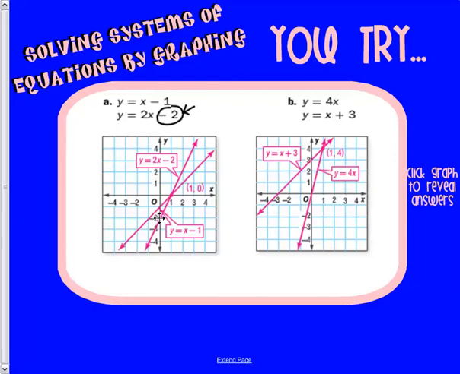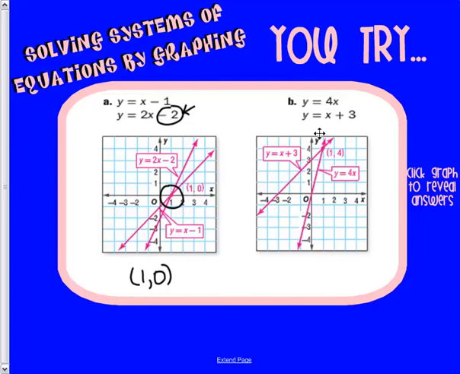So at negative 2, you are going to rise 2 and run 1. Rise 2, run 1. Rise 2, run 1. Okay, so where do they both intersect? Take a look right here. The point of intersection is at 1 as x and 0 as y. So the point of intersection is 1 comma 0.